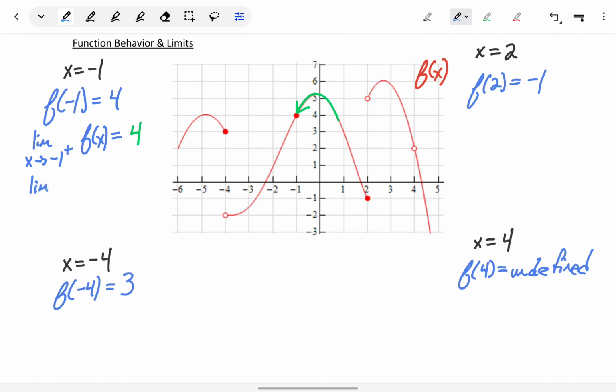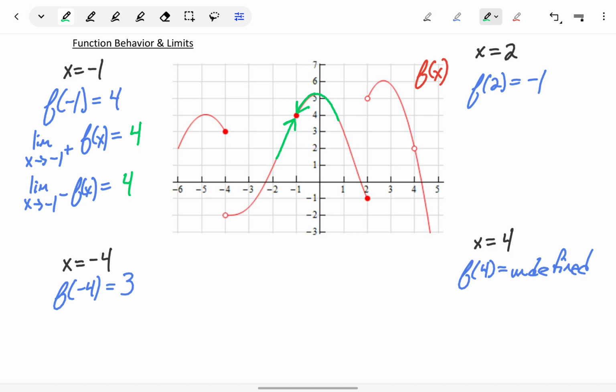Then we'll consider the limit as x approaches -1 from the left-hand side of f of x. Again, we can trace along the curve, in this case approaching from the left, as we get closer and closer to x equals -1. And we're approaching that same function value of 4.